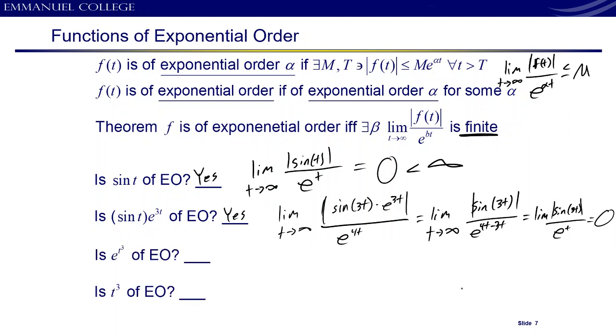So I want to work with these last two. If I try and say just t cubed, then that one's pretty obvious that I can just divide that by e to the t. Because eventually an exponential is always going to outrun a polynomial.